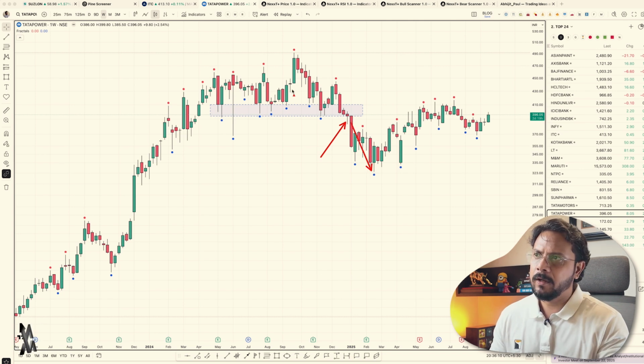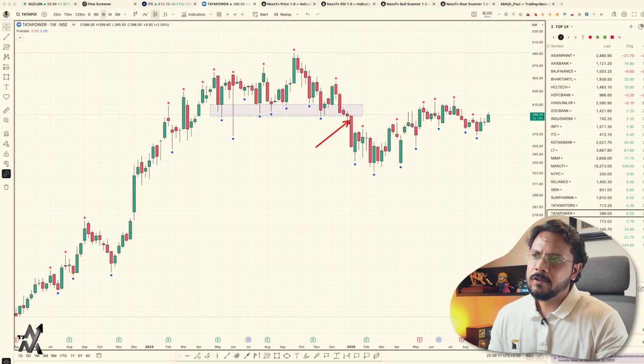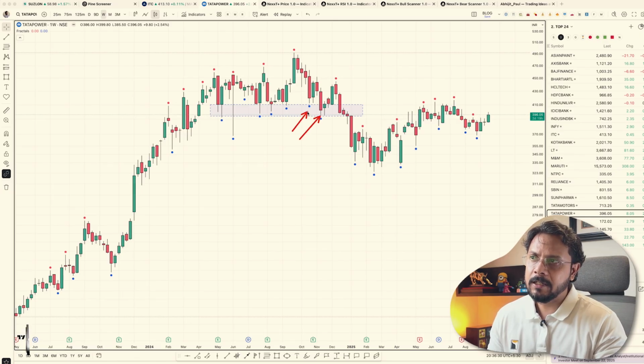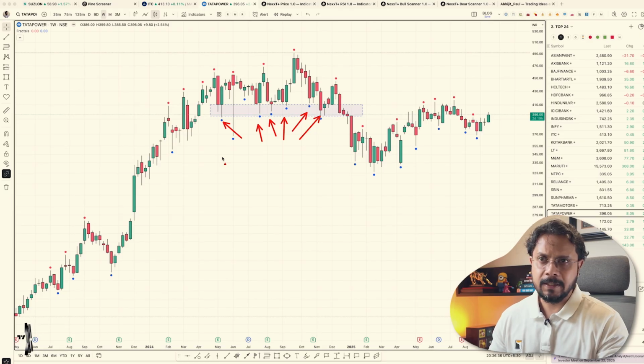Support broken, trend was up, trend was flat, trend was down, fine. So once that zone was broken, does this area become irrelevant, useless, of no particular importance? No, it may have some relevance depending on how many touch points it had in the past. Now this one had multiple touch points, isn't it?